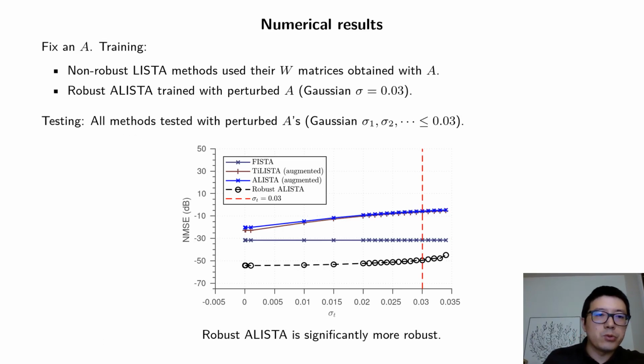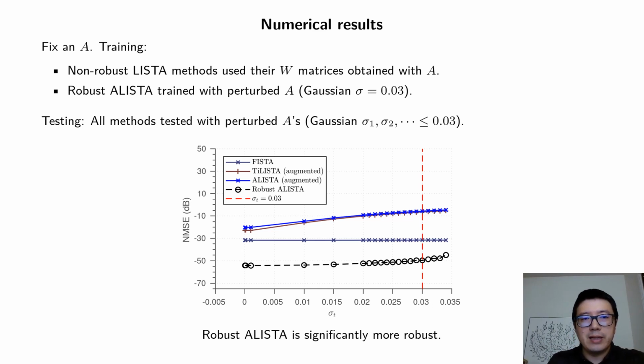To illustrate this robustness, we fix an A, and we first train a non-robust LISTA with its W matrix obtained from the clean A. Then we also train a robust LISTA with the perturbed A, those A tildes with this amount of Gaussian noise in the entries of A. Then we test both the non-robust LISTA methods, including A-LISTA, and the robust A-LISTA on problems with perturbed A, and we vary the amount of perturbation in the entries of A from 0 all the way to 0.03, and actually a little higher, and you can see the recovery results.